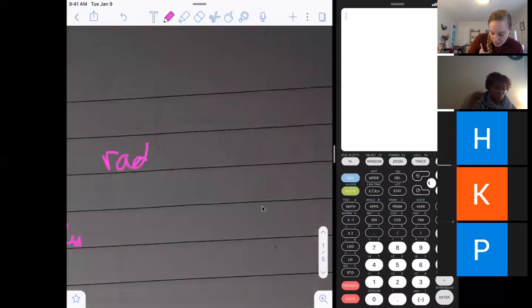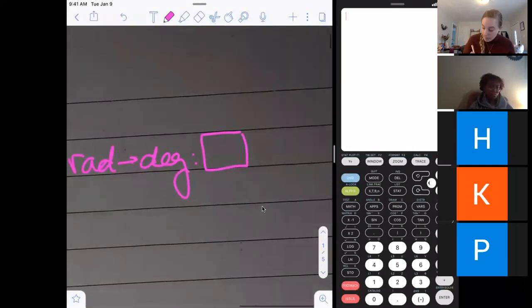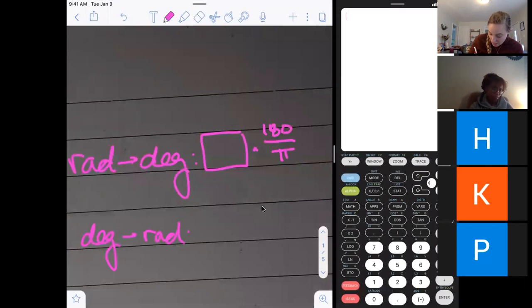If I have radians and I want to go to degrees, we take my angle measure and multiply it by 180 over pi. If I go from degrees to radians, I take my angle measure and multiply it by the reverse, pi over 180.